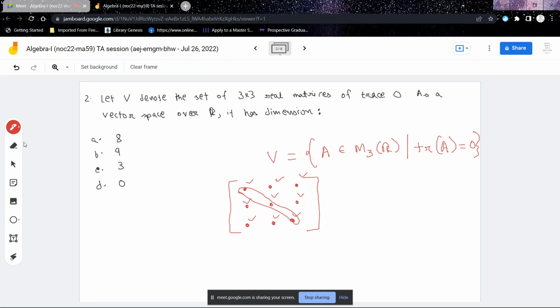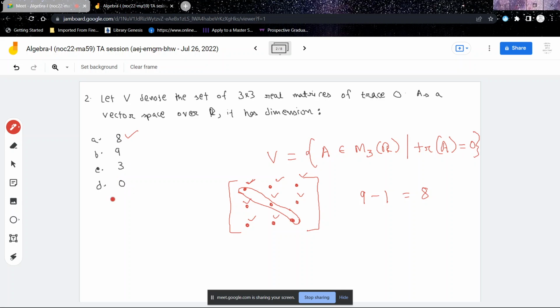Which means that one of the elements is dependent on the other 2. You are not allowed to choose one element; that will be determined by the other 2 elements in the diagonal. So the number of elements you can choose freely is precisely 9 minus 1, which is 8, and hence the dimension should be precisely 8.